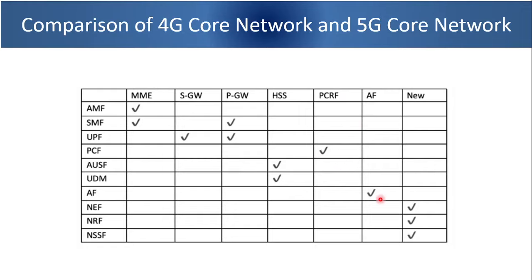Then there are elements which we'll be discussing later: the authentication server function, which used to be done by HSS earlier, and the UDM, Unified Data Management, which was also in the HSS in 4G. And these are the new network elements like application function, network exposure function, network repository function, and network slice selection function, which we will talk about later in the slides.